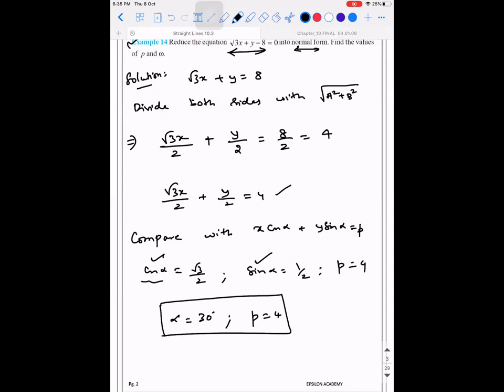So the normal form is x cos pi by 6 plus y sin pi by 6 is equal to 4.